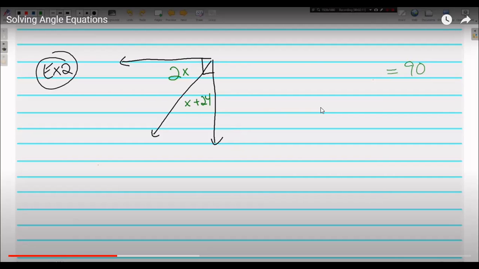Yes, 90 minus 24 is 66. So 66 plus 24 equals 90. No, we are looking for the value of x here.